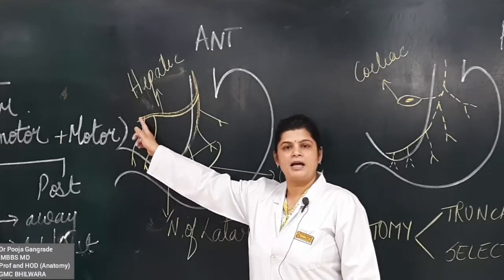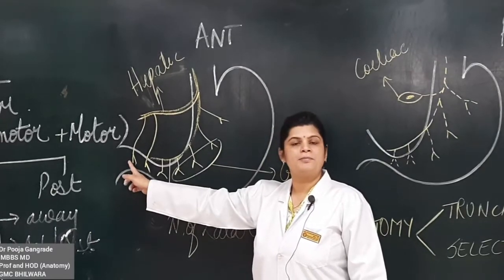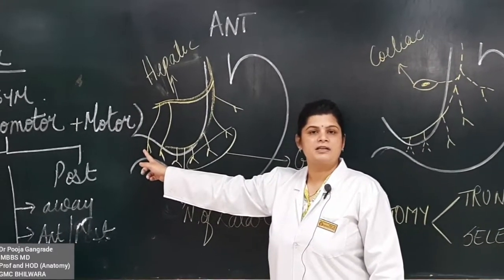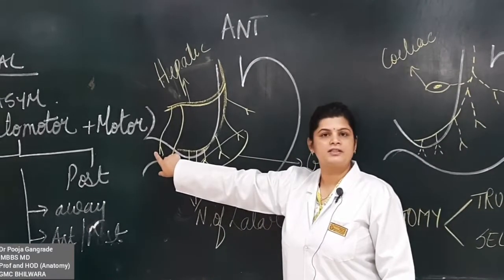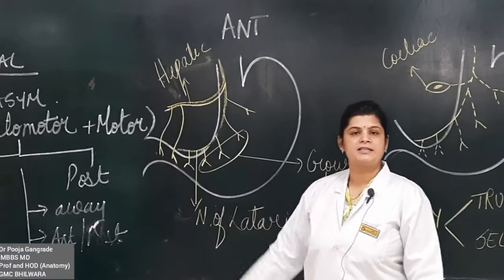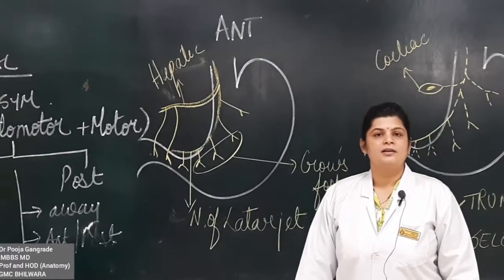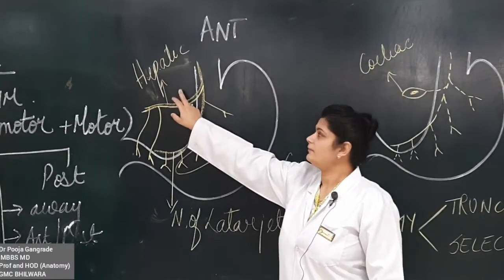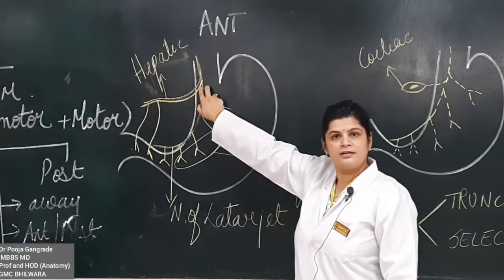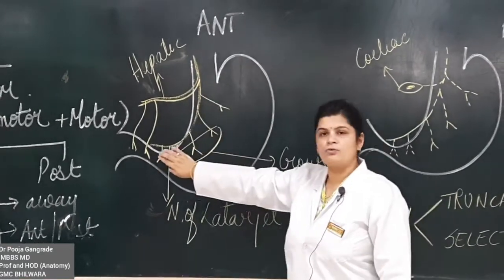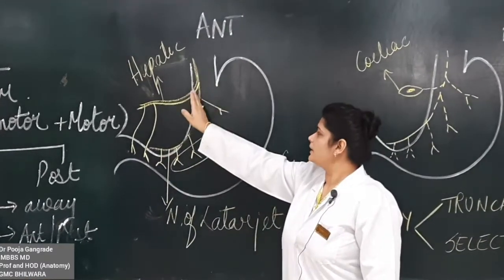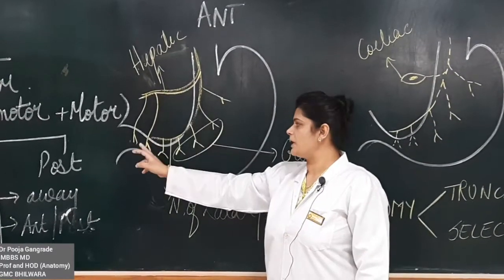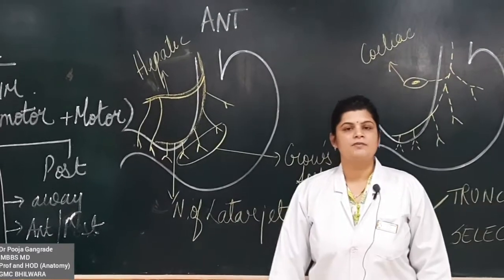This hepatic branch later on also supplies some of the parts of the pyloric end of the stomach. This is the pyloric end of the stomach. So few of the branches from the vagus will also come down from the hepatic branch. This is the main trunk. The main trunk which is coming down to the stomach, it gives a major branch which is the hepatic branch. From the hepatic branch also few fibers are given to the pylorus.